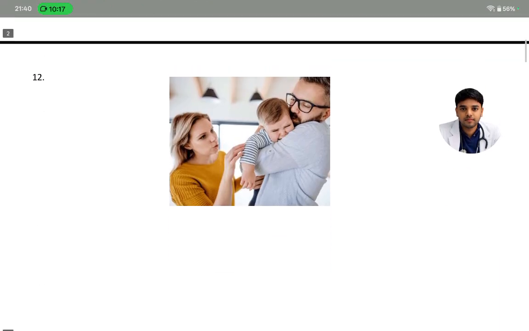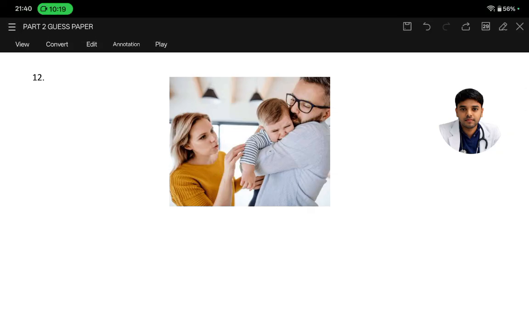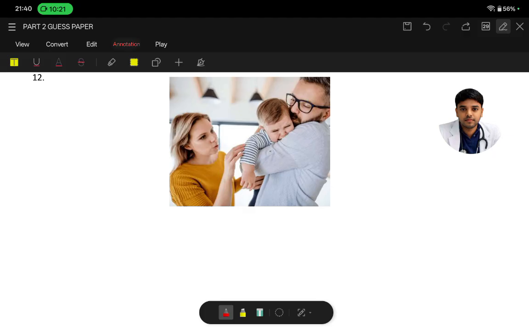Can you tell me what is this one, milestone? Why is this child crying? If she is her mother, then why is he crying? Tell me, why is this child crying?